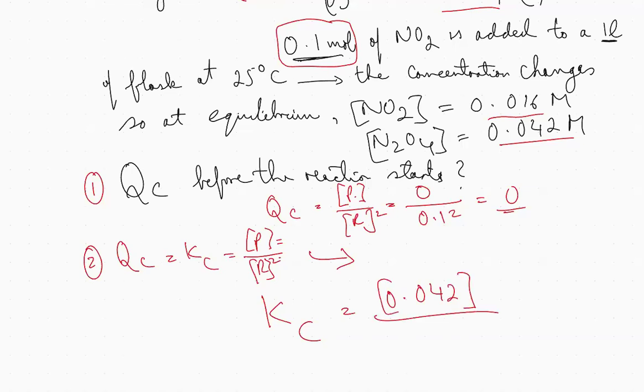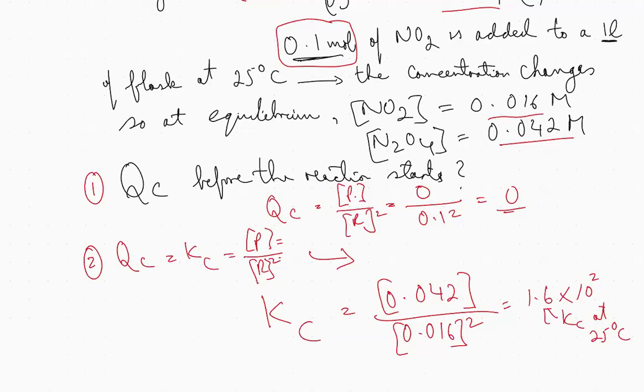And then the other one is 0.016 to the second power, right? So now we have actual values. When we divide, you can use a calculator, you will get 1.6 × 10^2. So we can say that is the equilibrium constant, Kc, at 25 degrees centigrade, 298 Kelvin, because you have to specify it with the temperature. That's how we do it.